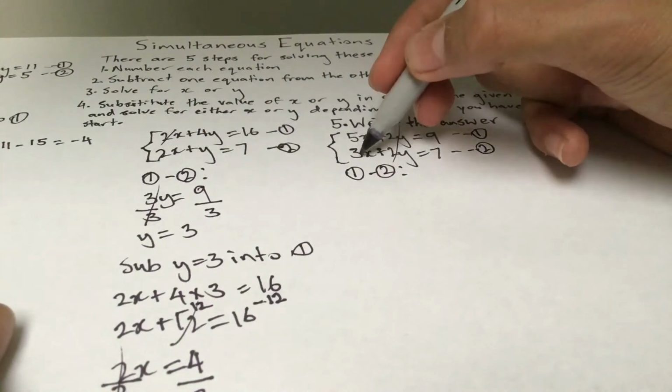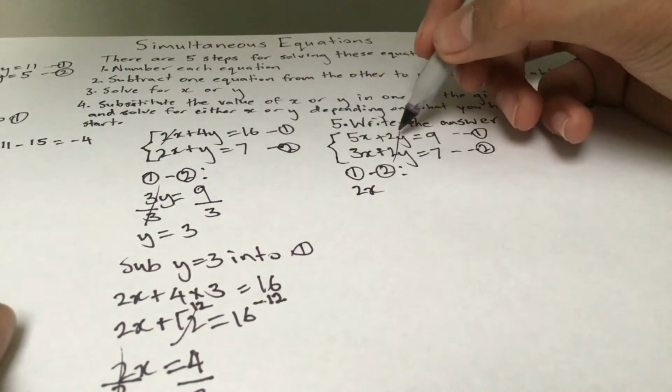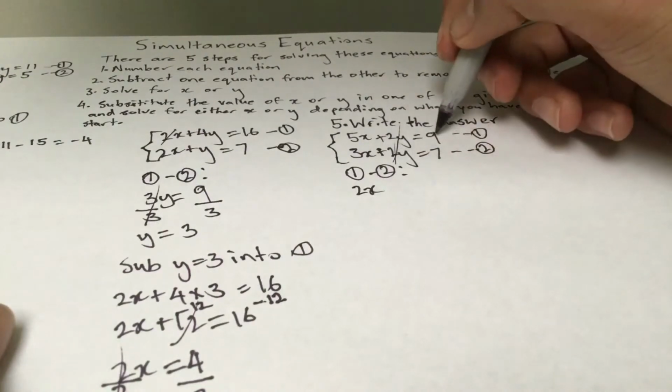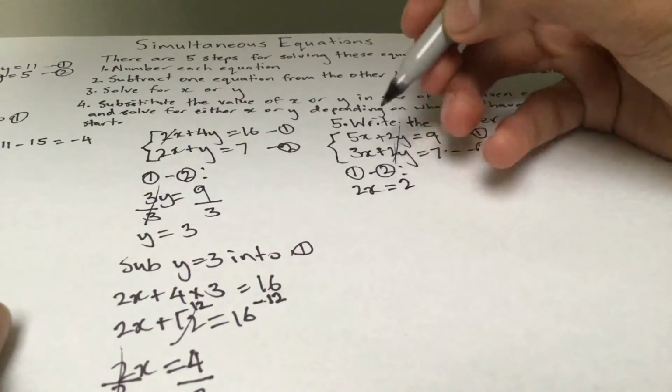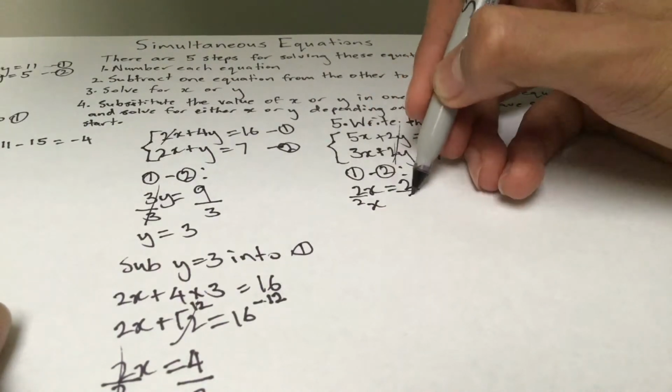So 5x minus 3x is 2x. And 2y minus 2y cancels out, so that's 0. And 9 minus 7 is 2. So the next step is to do 2 divided by 2 on both sides.